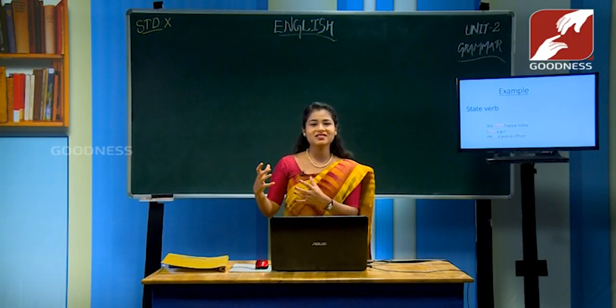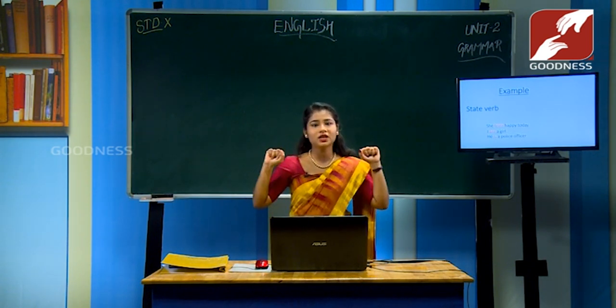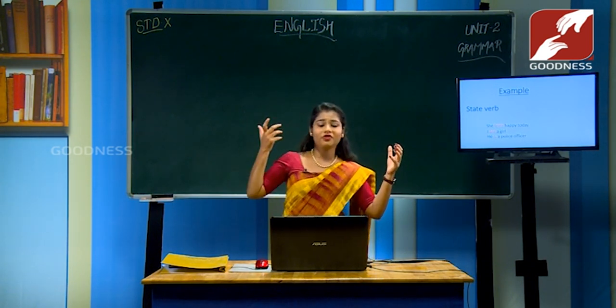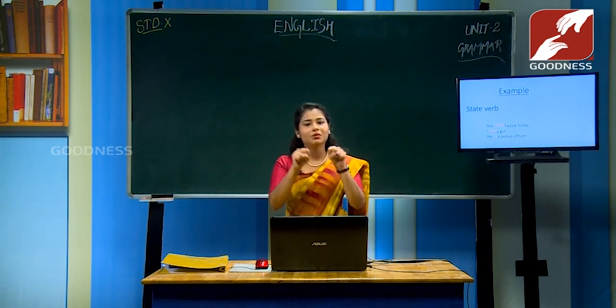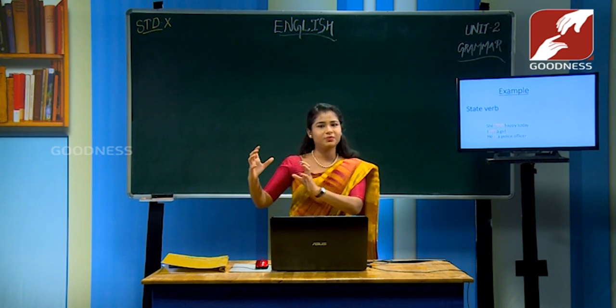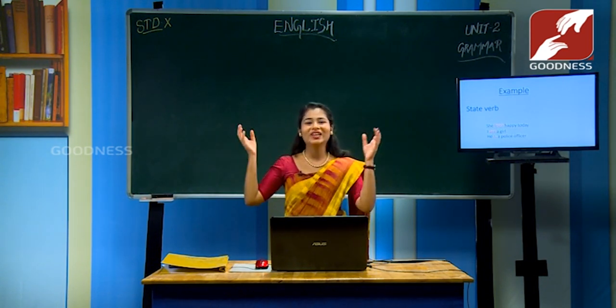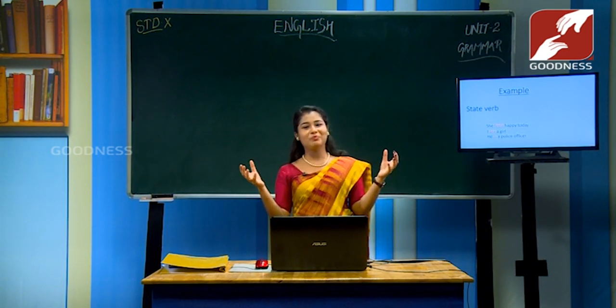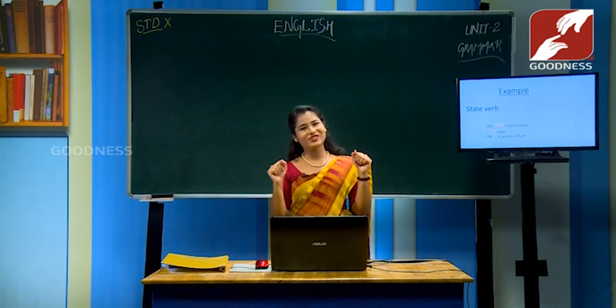Yes, the sentence completely became meaningless. There is no specific meaning to the sentence when we took "is" off from the sentence. So, this is something which gives focus or stress to the sentence. Here is the example of a state verb. Hope it's clear for you.